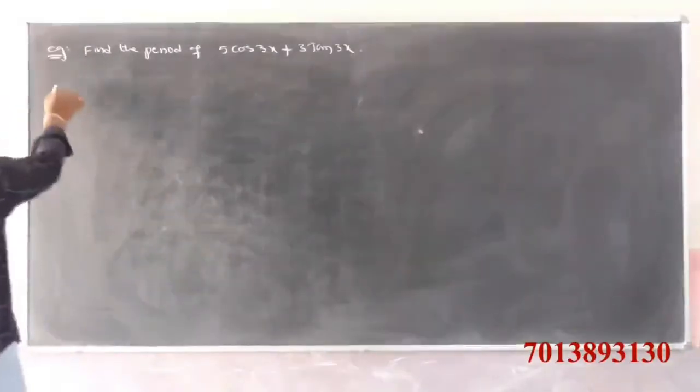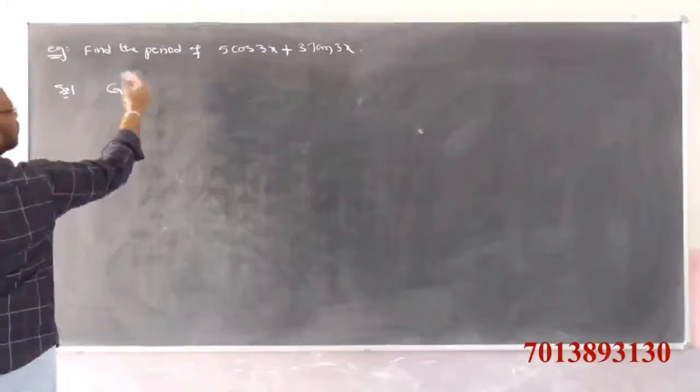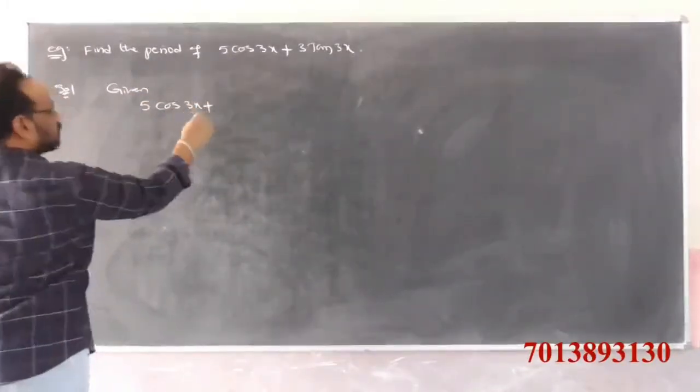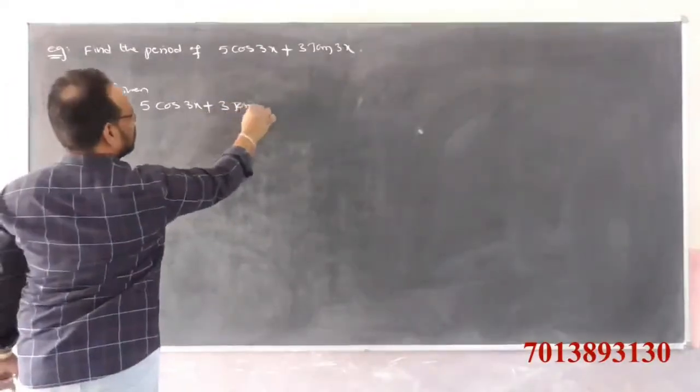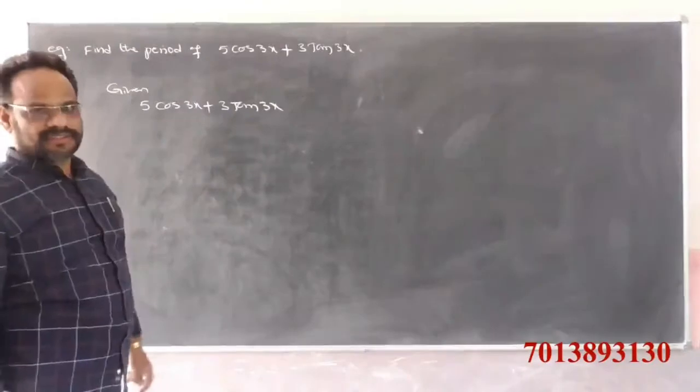So, solution. The given function is 5 cos 3x plus 3 tan 3x.